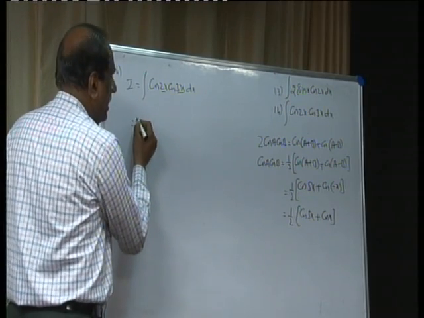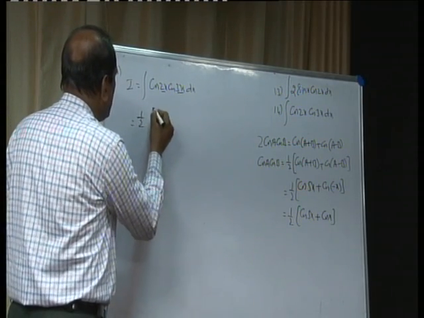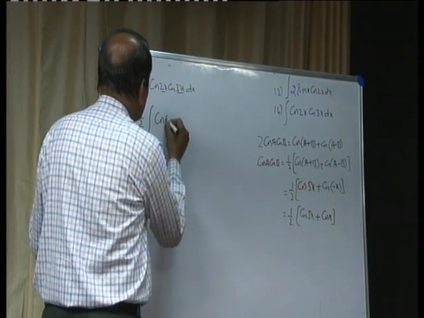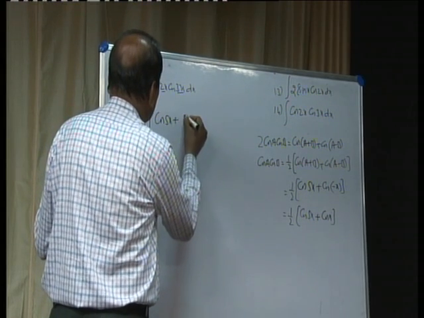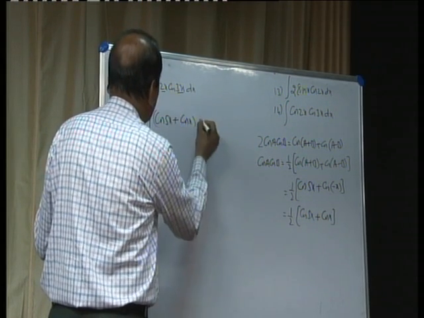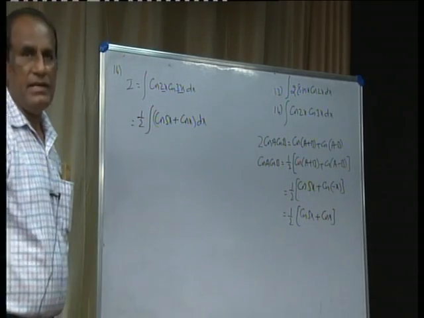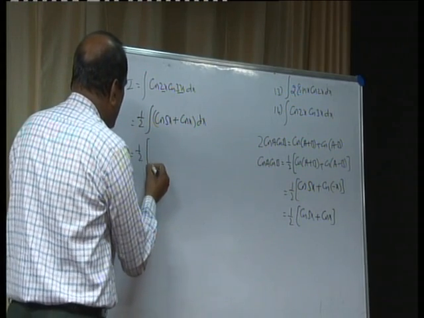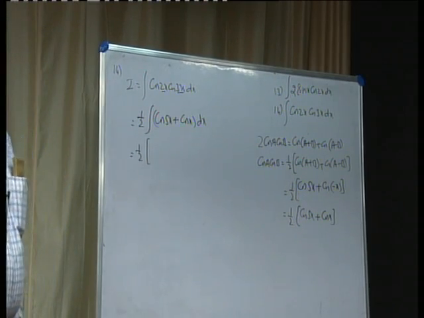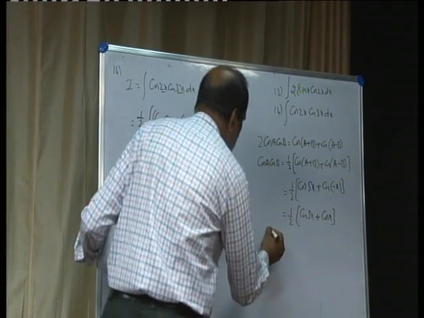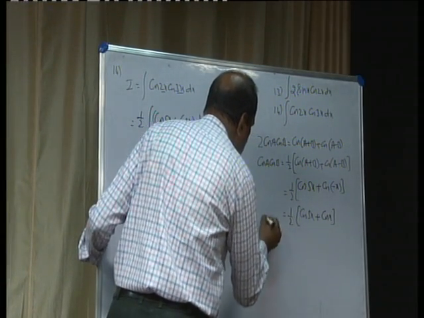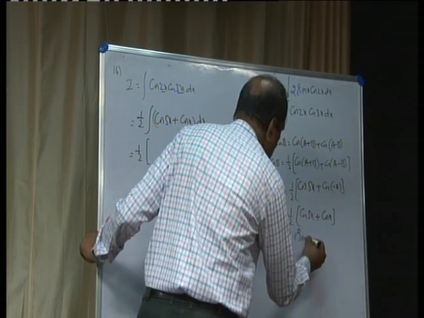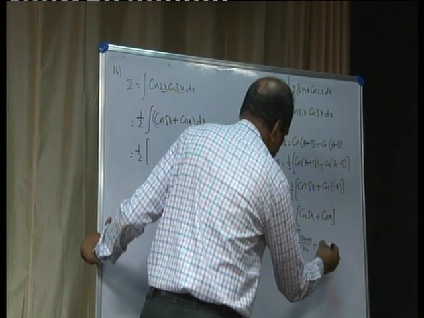This is equal to half, a constant, outside the integral sign, that is half into (cos 5x plus cos x) dx, the variable of integration is required. Now, see here, half into the integration of cos 5x. Using the formula, integration of cos mx dx is sin mx by m plus c.